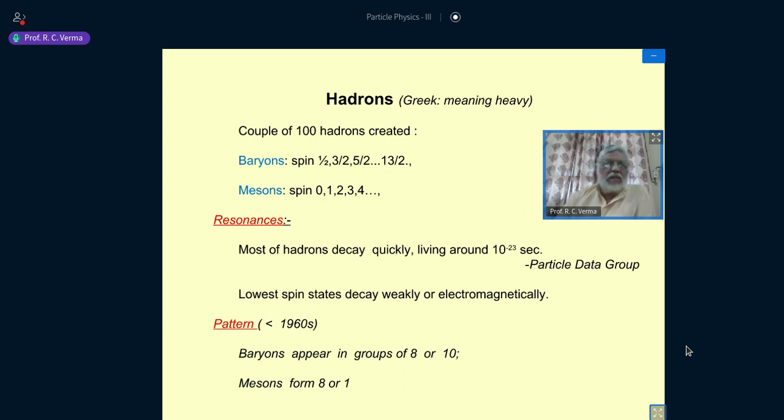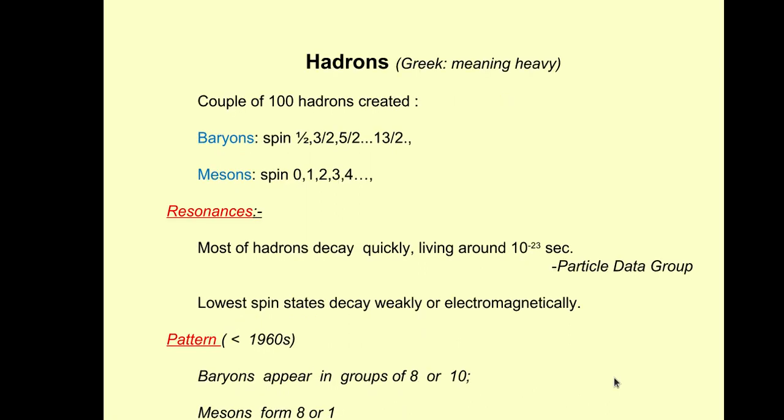Anyhow, these baryons and mesons, even though they number over several hundred, mostly decay quickly, living only a very small fraction of a second, around 10 to the minus 23 seconds, which is the typical scale of strong interaction. By the way, it is not difficult to remember this number because it is the time taken by light to cross a proton. You know, the proton size is around a Fermi, and if you divide it by the speed of light, you get this idea.